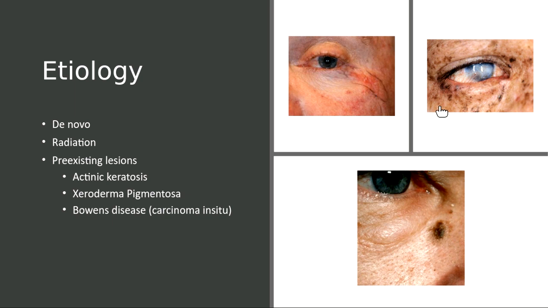In a patient that has xeroderma pigmentosum, you have to be looking at these lesions to see if any of them are increasing in size or becoming ulcerative, and you need to biopsy these lesions. And in Bowen's disease, you definitely want to biopsy and see if there's any risk of it becoming malignant.